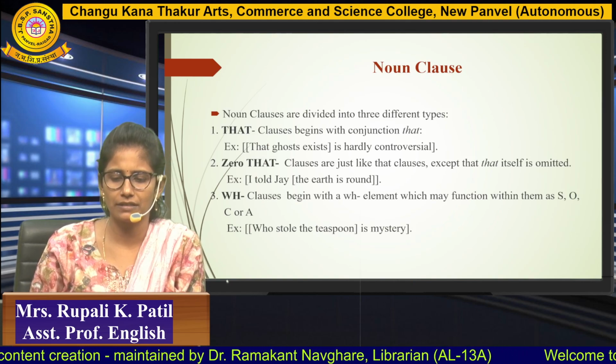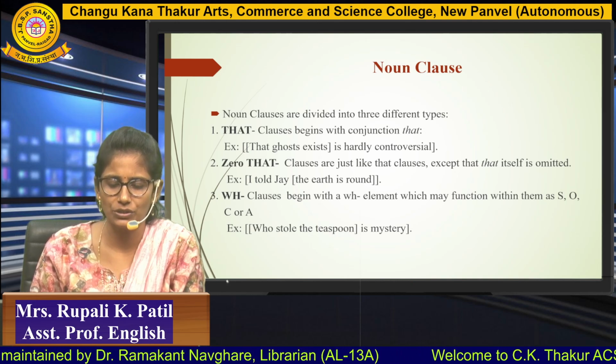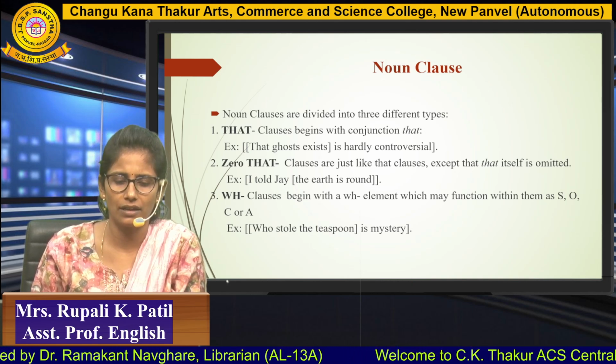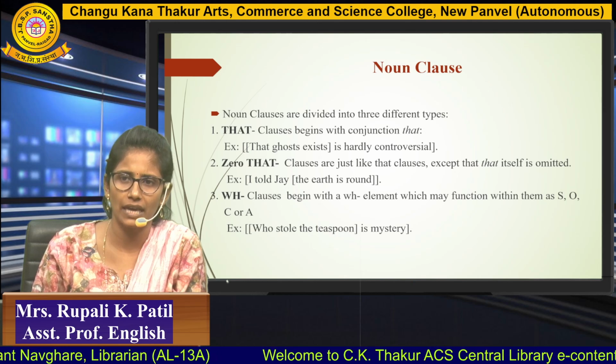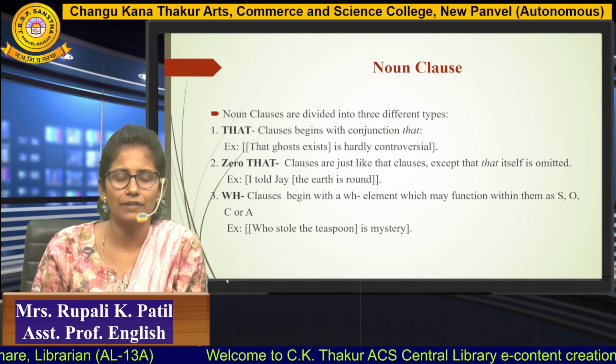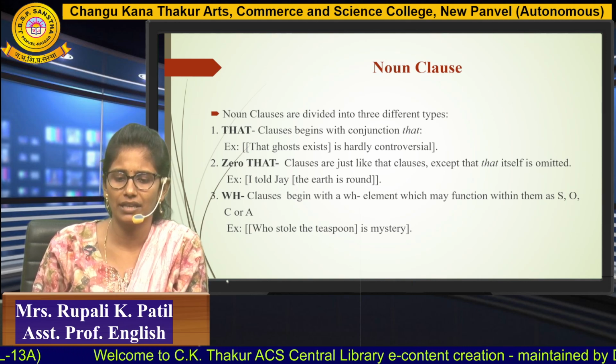First we will learn what a noun clause is and what kind of functions can be performed by the noun clause. Noun clauses are again divided into three different types. A noun clause can function as either a subject or an object in a main clause.